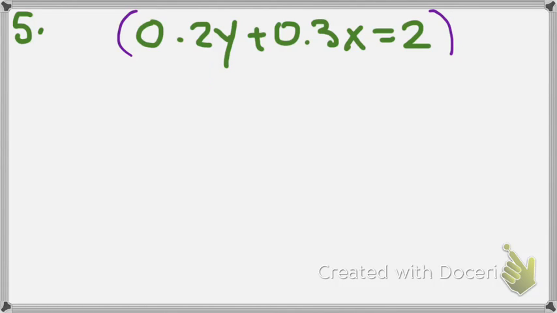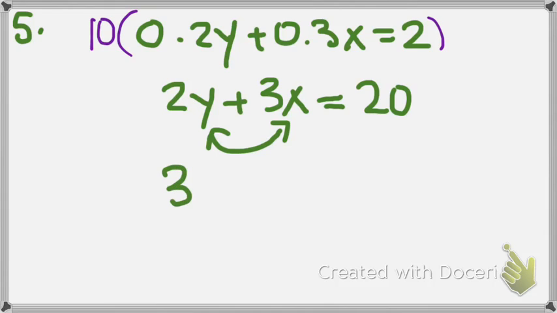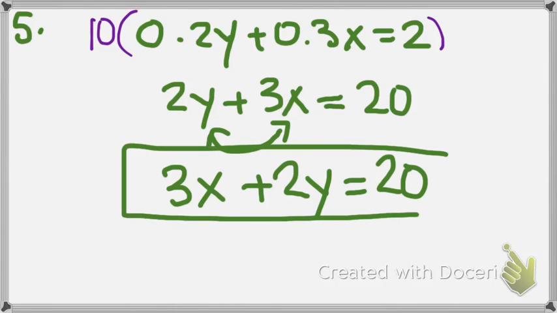So we're going to multiply everything by 10. When we do this, we'll have 2y plus 3x equals 20. Now the only thing we'll have to do is switch our x and our y using our commutative property. So 3x plus 2y equals 20. And we have our equation in standard form.